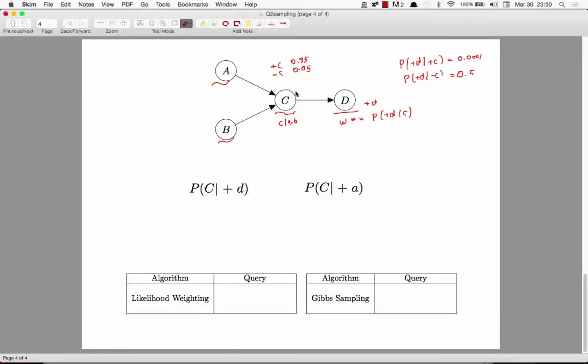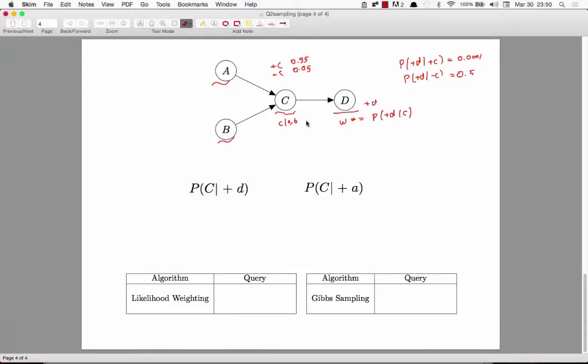But basically most of the samples that we are drawing are with plus C, and then when we look at the evidence, we weight those samples really small. So essentially, most of the samples that we are drawing are weighted with a very, very small weight because the evidence that we take into account later reduces the weight of those samples.